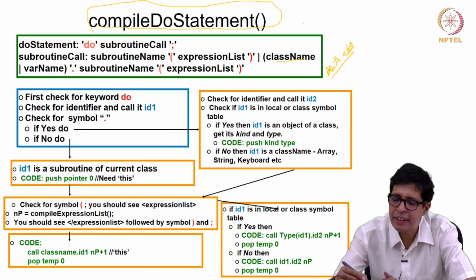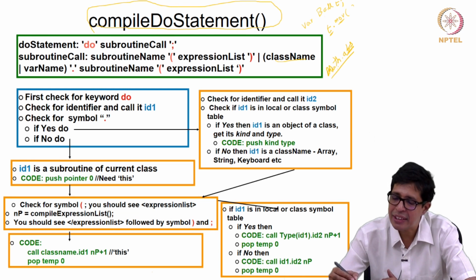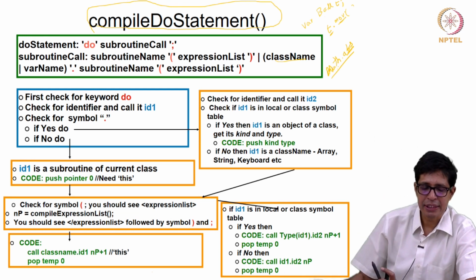Suppose I have said var ball t, and the ball class has a move method, t dot move, then this t is a var name of some class ball, and so t is an object of type ball. So, t is a var name, it points to an object, and that dot move.